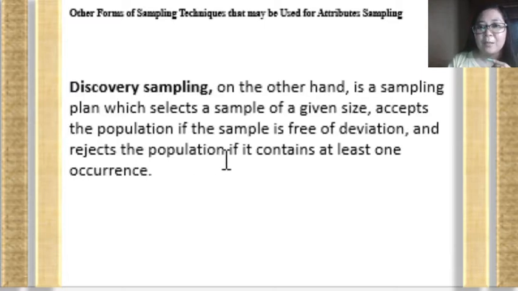Another sampling technique that the auditor can use is discovery sampling. A discovery sampling is a sampling plan which selects a sample of a given size and accepts the population if the sample is free of deviation. He will reject the population if it contains at least one deviation or occurrence.